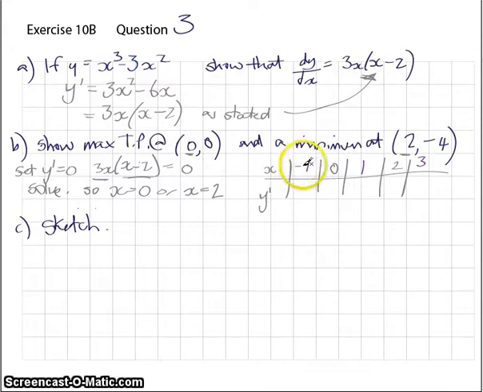Now, this one and this one, we might be able to put in straight away if we're familiar with the shapes of curves and the behaviour of functions. This is a positive cubic. So we know that for positive cubics I'm going to start and end in those directions, which means on the extreme end here it's positive, and on the extreme end here it's also positive.